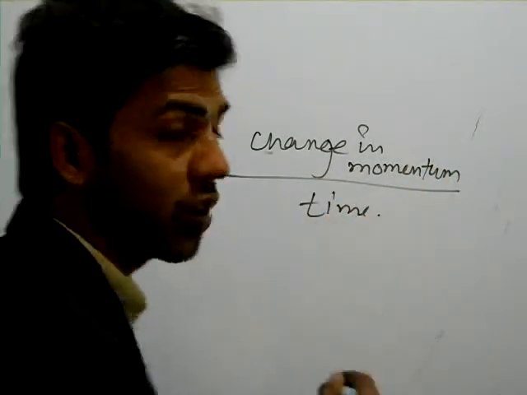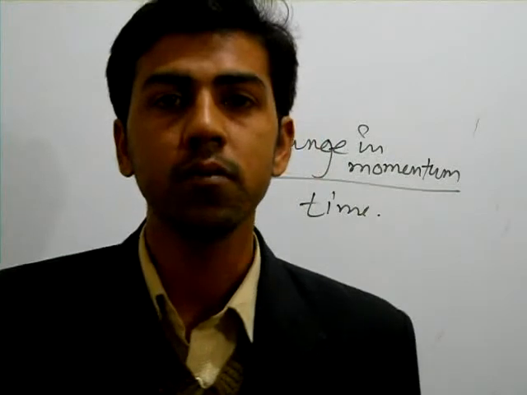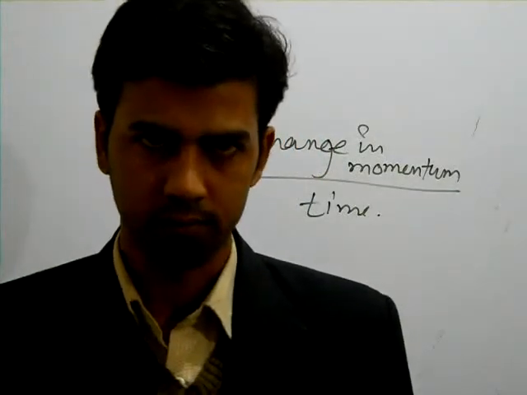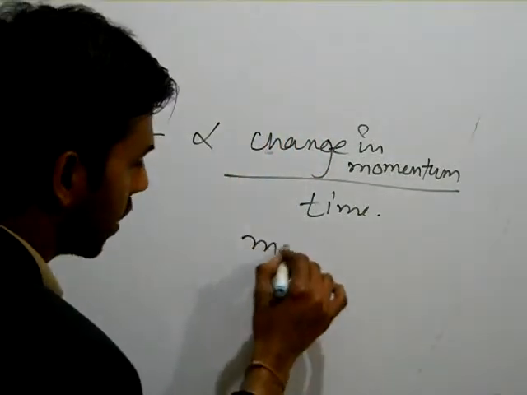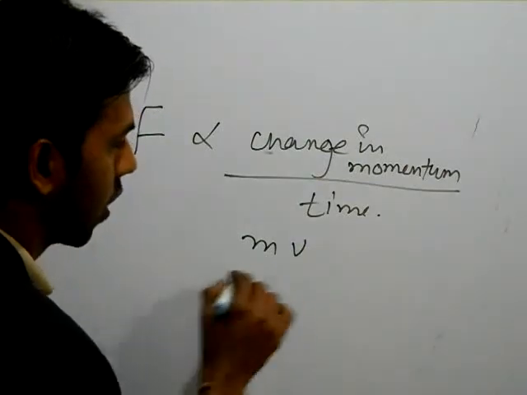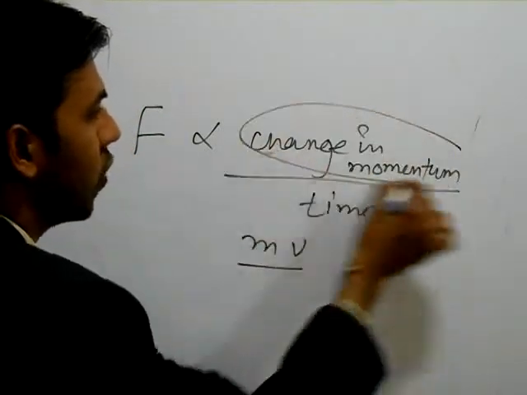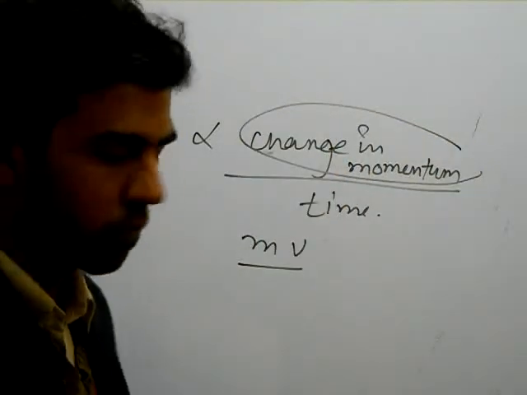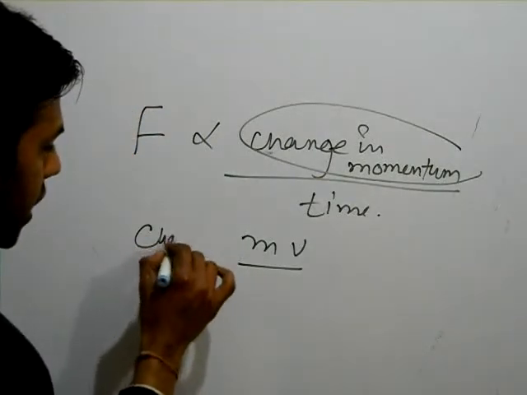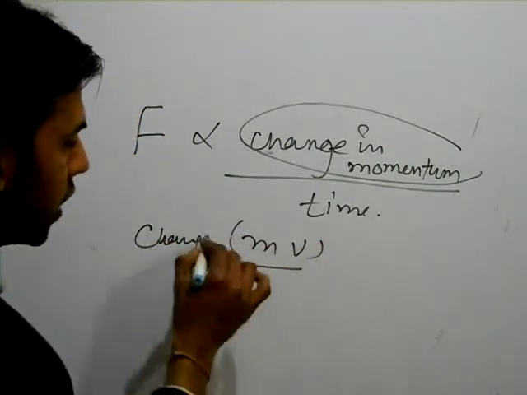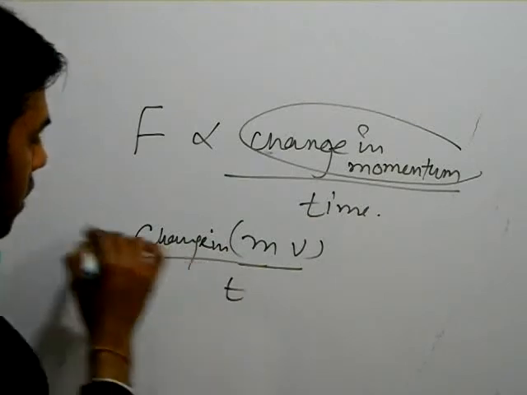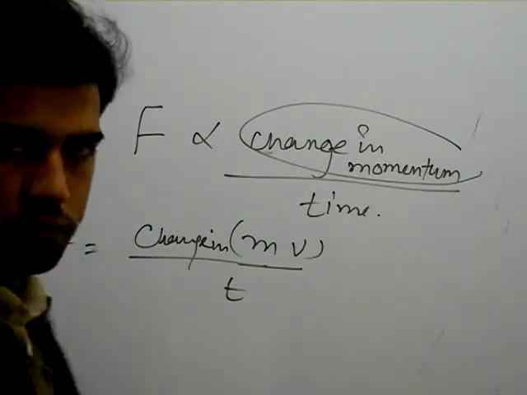Now what is momentum? Momentum is the product of mass and velocity, m into v. But what we are looking for is the change in momentum. So the change in the product mv upon time is our force.